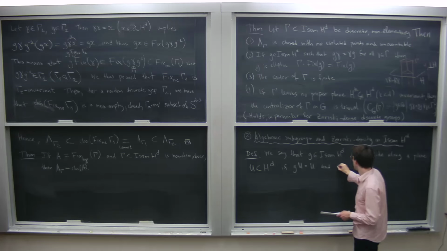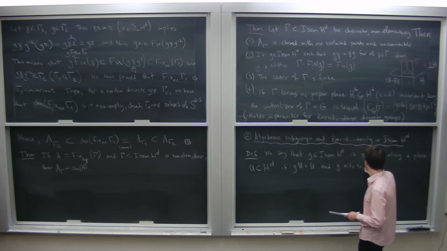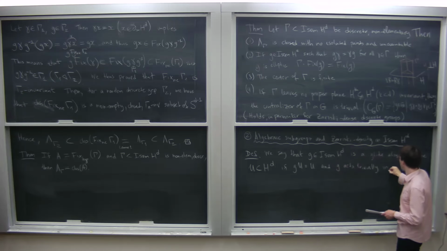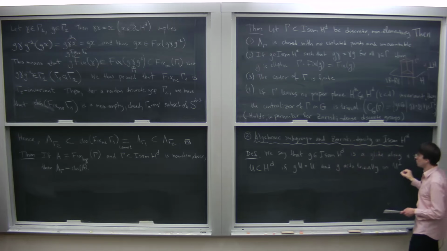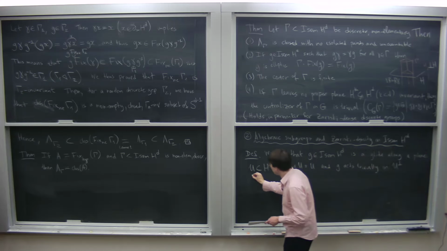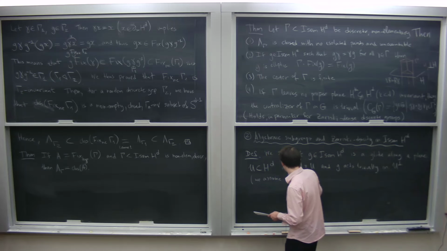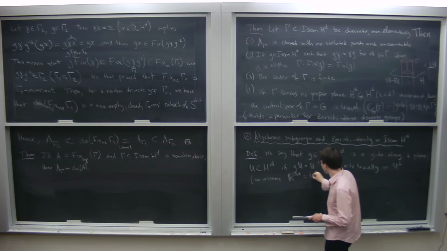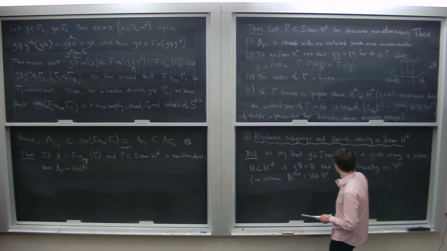So if gU is U and g acts trivially on the normal space. So we assume that R^(D,1) is decomposed into the direct sum of U and its orthogonal complement.